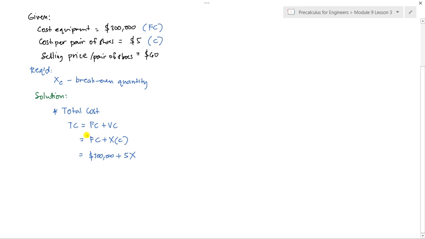This is the equation for our total cost. Now let's proceed to the equation for the total sale. What is our equation for the total sale, TS, class? Do you still remember?